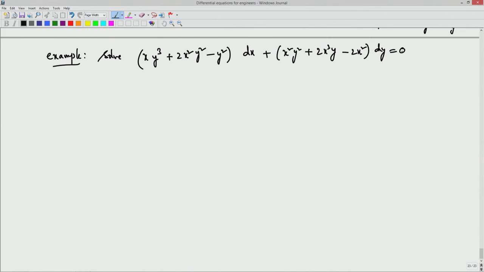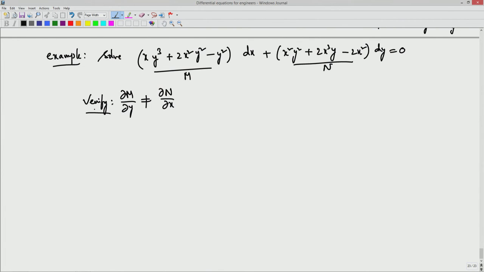How do we solve this one? This is not an exact equation. As usual, this is my m, this is my n. You can verify that dou m by dou y is not equal to dou n by dou x. Okay, you can verify.